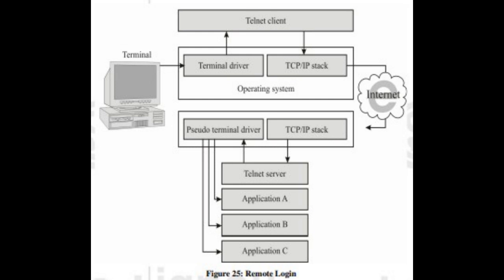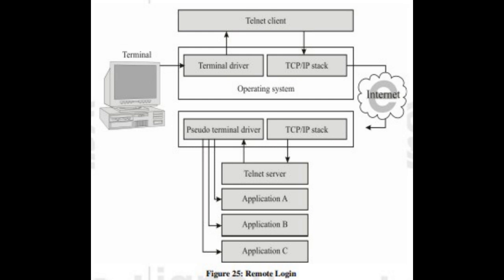This mechanism is not simple, as the operating system may associate special meanings to special characters. For example, Control plus Z means suspend in Unix. This does not create a problem in local login because the terminal emulator and the driver know the exact meaning of characters.